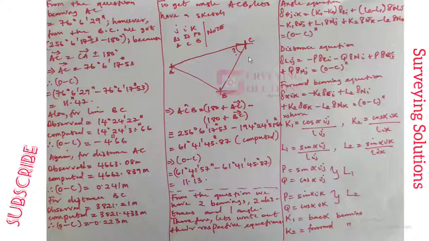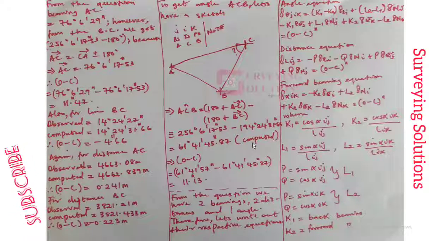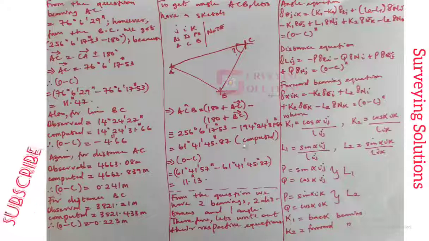That's the BC. By the time we add 180 to it, as we have indicated here, we have 194 degrees 24 minutes 31.60 seconds. When you find the difference between these two numbers, you are going to have 61 degrees 41 minutes 45.87 seconds. So this will now be our computed angle.